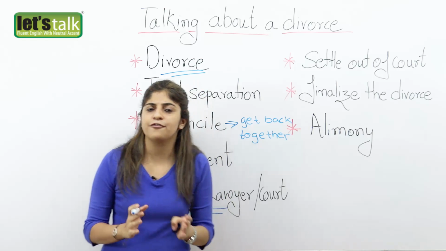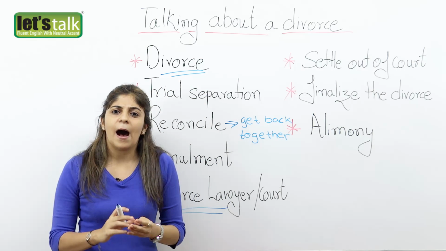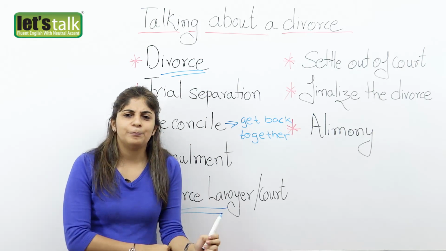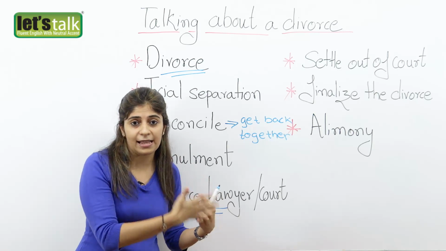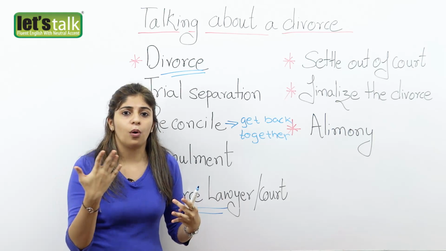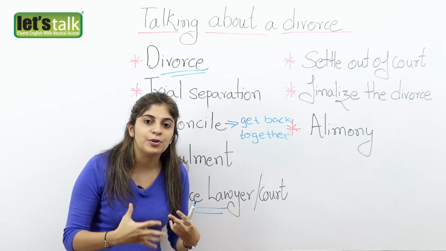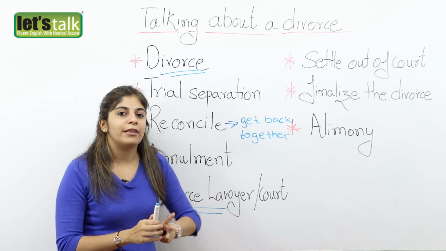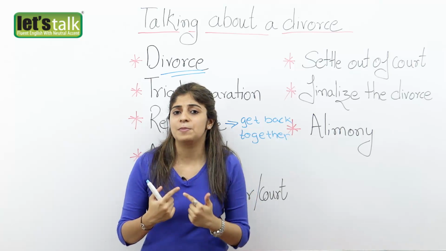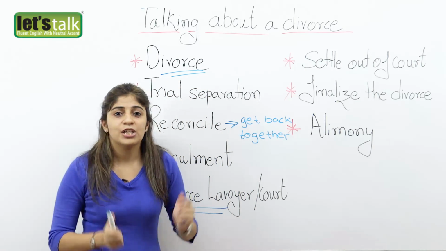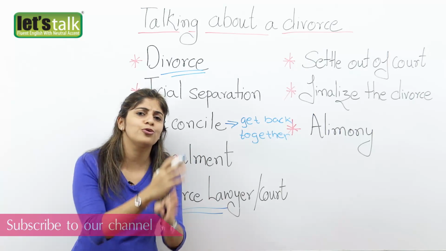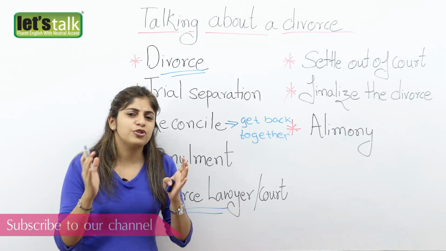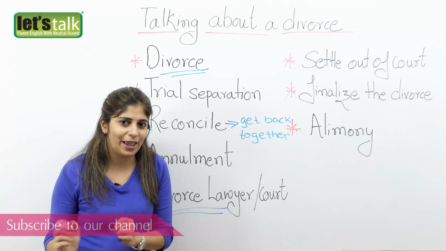Settling out of the court means they would solve their issues, however the assets have to be divided or any disputes, together out of the court, like it would be solved amicably, right? So that means they would not be going to the judge. They do not want to go through the hassle of the traditional court setting, okay?